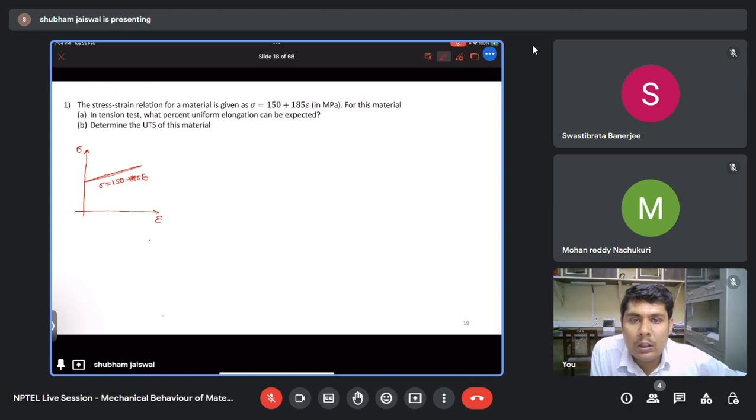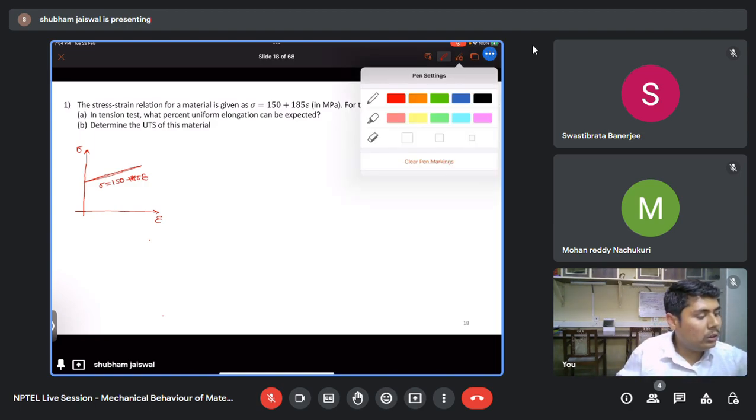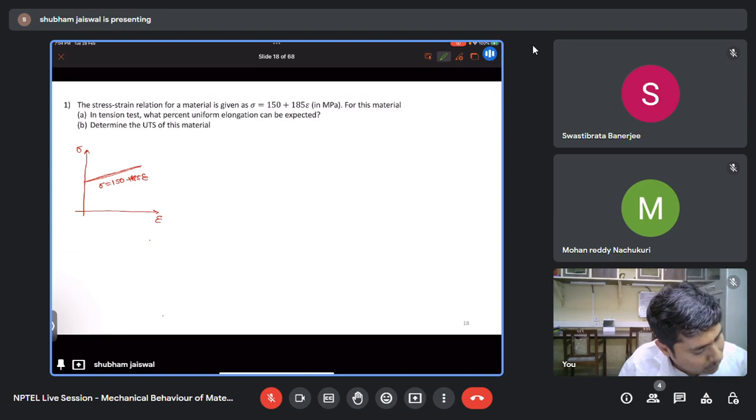So what are they asking? What percent of uniform elongation? So what is uniform elongation? The elongation up to the ultimate tensile strength.